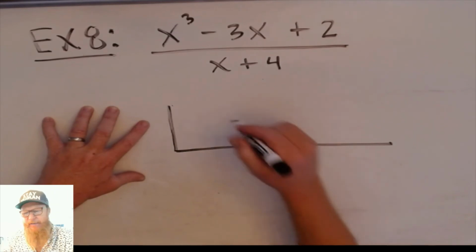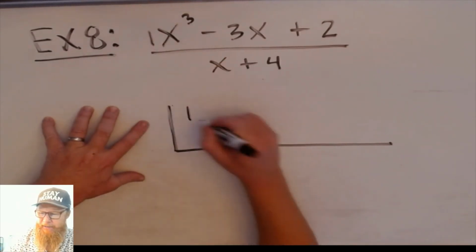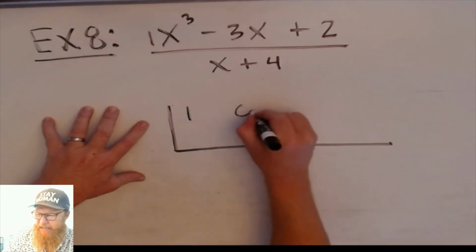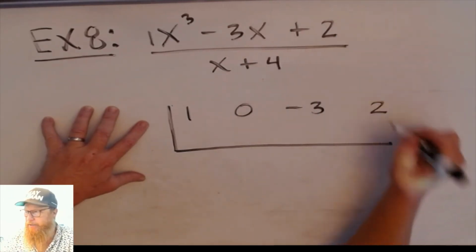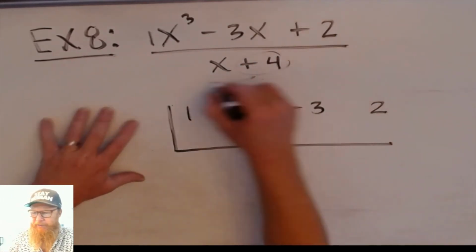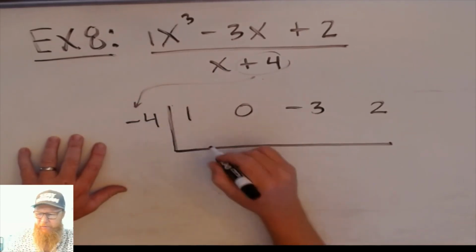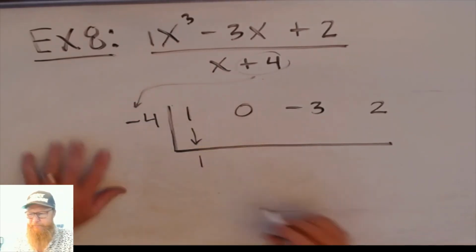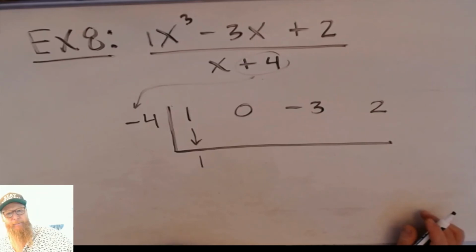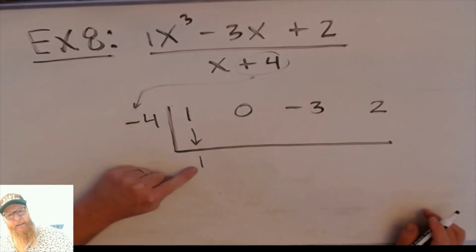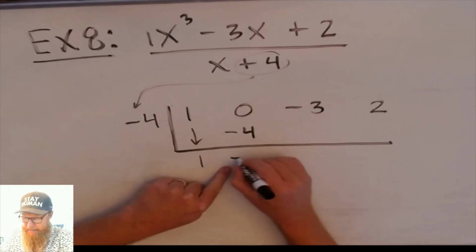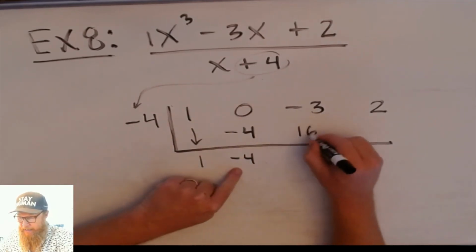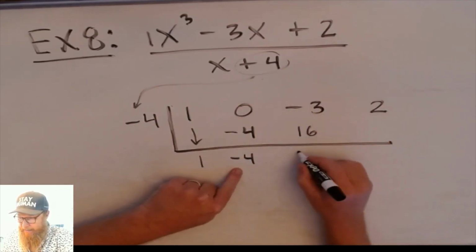All right, so our dividend, 1. Looks like there's a missing x squared term. Then negative 3, and then 2. And now our divisor is negative 4. Okay. Bring down the leader. Multiply, add. Multiply, add.